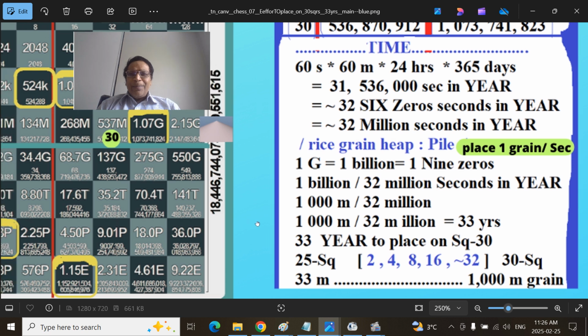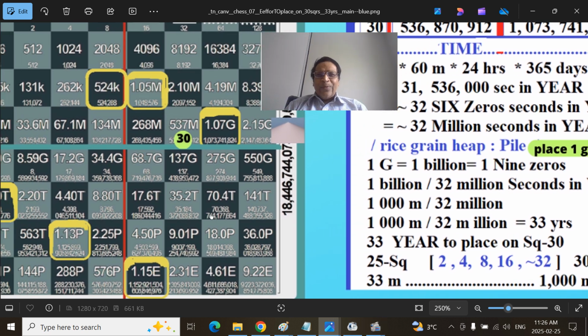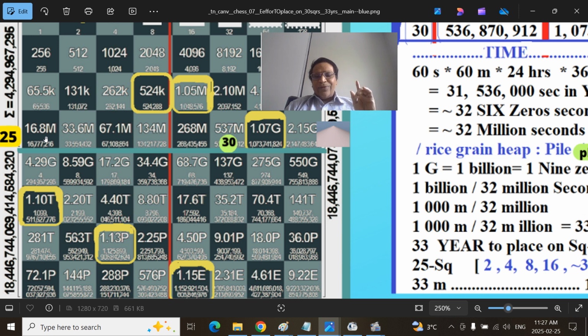Remember, previously when we looked at that, we were on this 25th square. This is the 25th: 6, 7, 8, 9. And on the 25th square, it took 1 year to put the grains on the board, including that square. And you took 1 year and put it, and you may be thinking, oh, it's very easy.